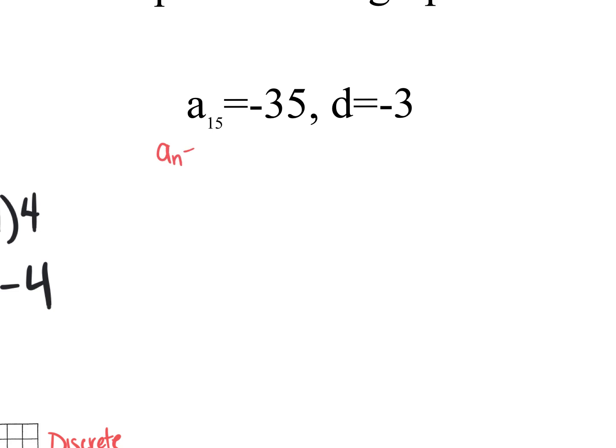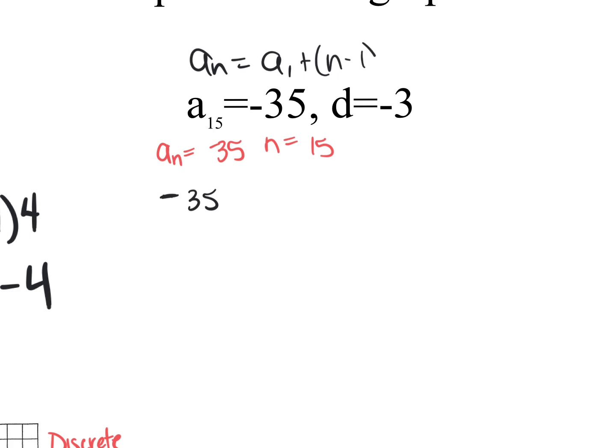That AN equals what? -35, and it tells us N is equal to the little subscript 15. That's the N. Okay, that will give you -35. So then we plug into our equation. AN, -35. Let me write it again. Equals A1. That's what we don't know.